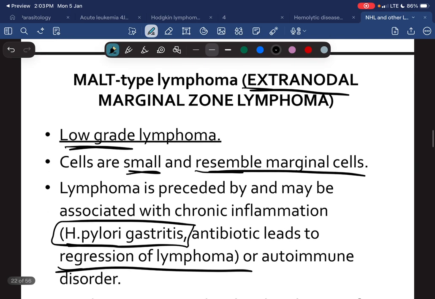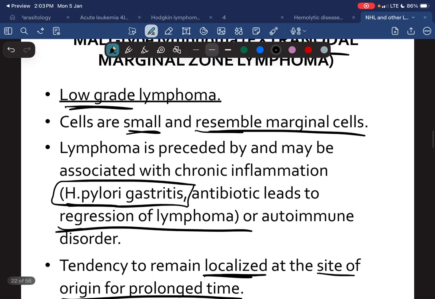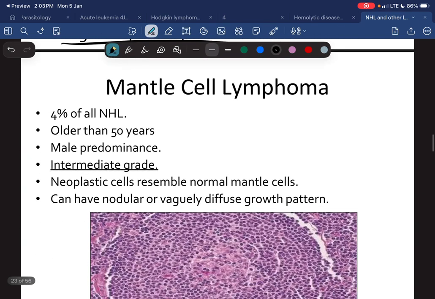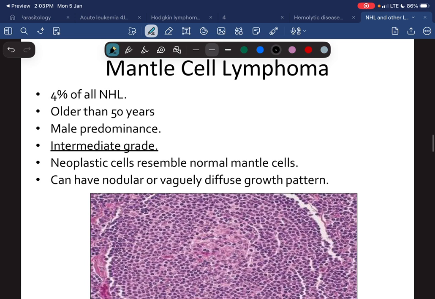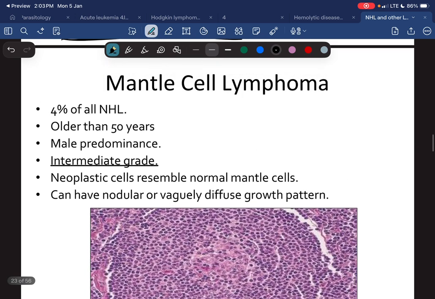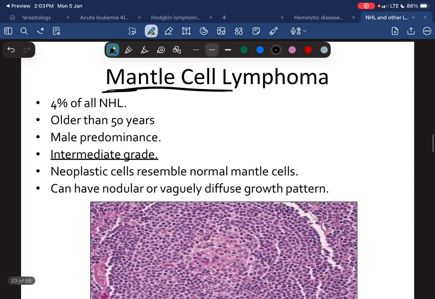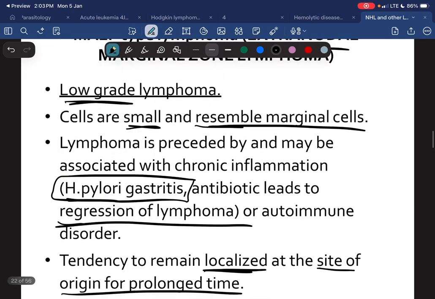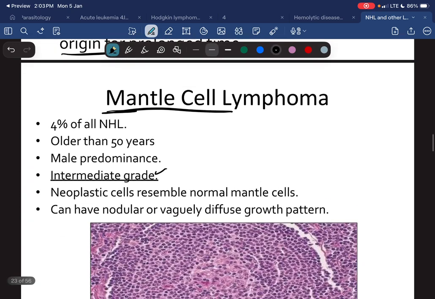طيب. Mantle cell lymphoma, from its name, the cells of this lymphoma resemble the mantle cell or mantle zone lymphocytes موجودين بالmantle cells. It's of intermediate grade, affecting patients older than 50 years of age. It's not common, up to 4% of non-Hodgkin lymphomas.